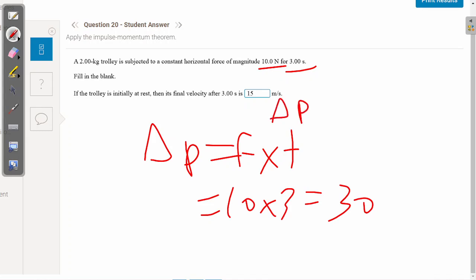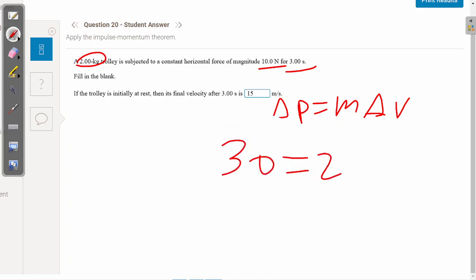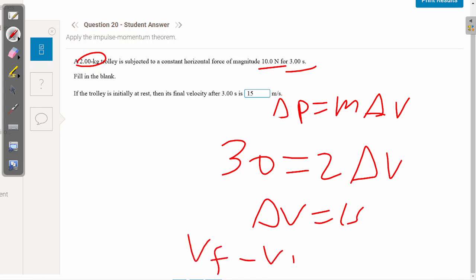Delta P equals m delta V. Now you have delta P and you have the mass, so we substitute it in here to find delta V. So 30 equals 2 delta V. Delta V equals 15. Delta V is final V minus initial V, right? V initial is 0. So it's just V final equals 15. So that's the answer.